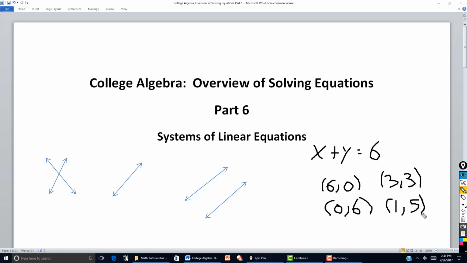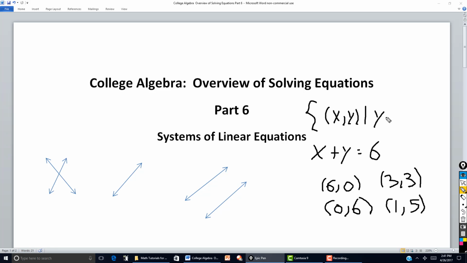I can do that forever. Just pick a value for x or pick a value for y, and we get the solutions. It's infinite. So a lot of times we'll just give a formula and say the solution set for this would be any ordered pair x, y, and then I just solve for one of the variables, either the x or the y.